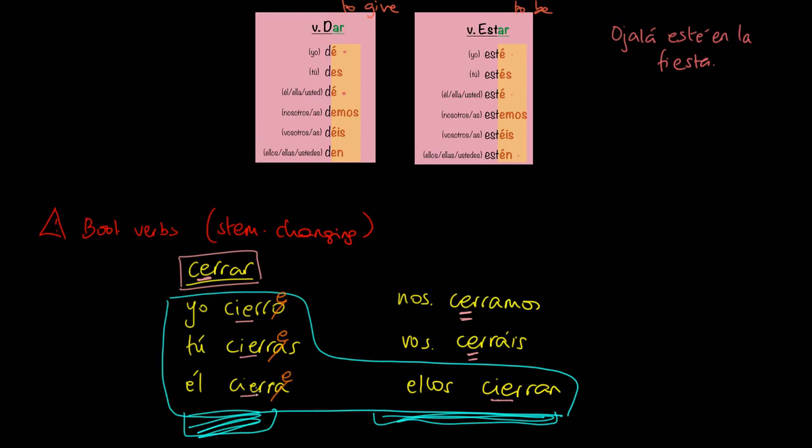That he or she closes, que él cierre. That we close, que cerremos, que cerréis, and que ellos cierren. Notice that this irregularity stays exactly the same. So boot verbs continue to behave in the same way as in the present indicative.